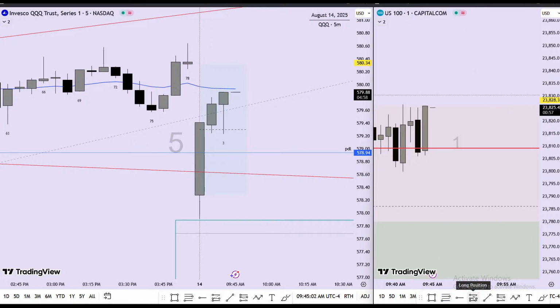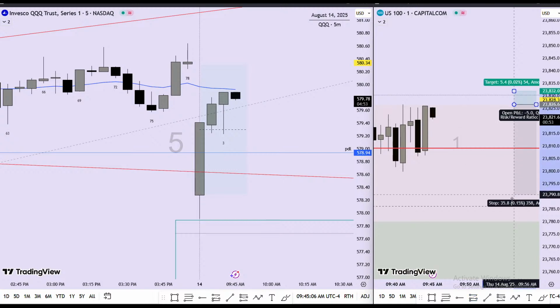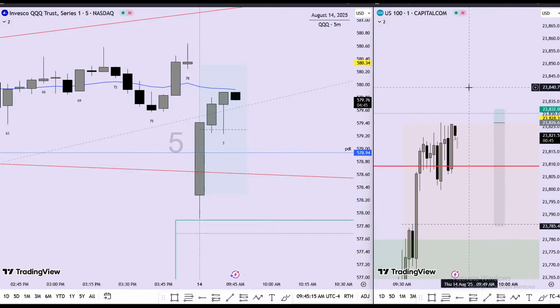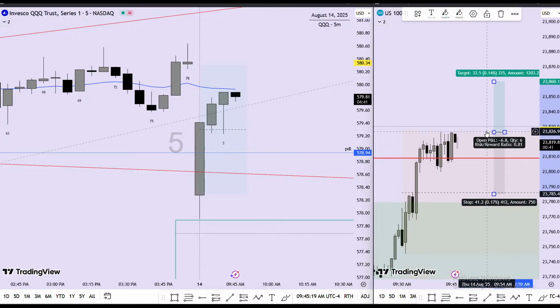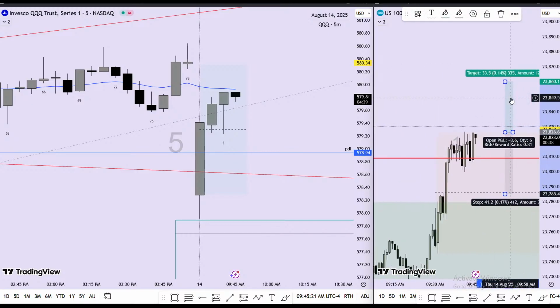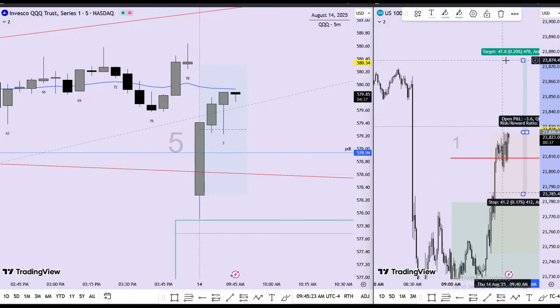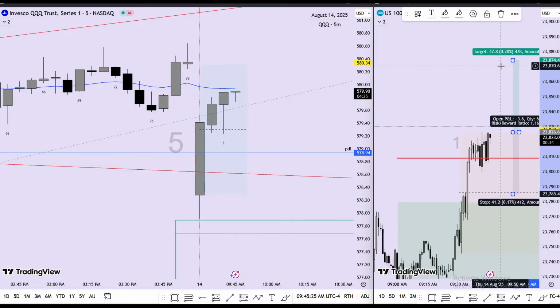Oh God, that's the idea. My risk on this trade would be around 41 points, I need a closing, right? So automatically I'll be aiming for 40 points. 41, 40, yeah.